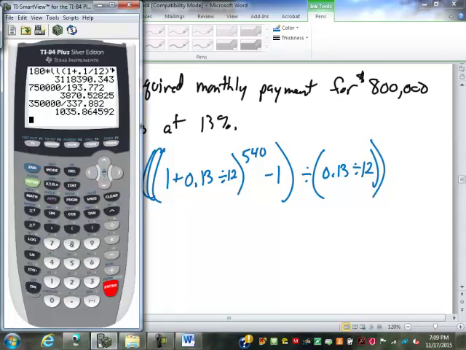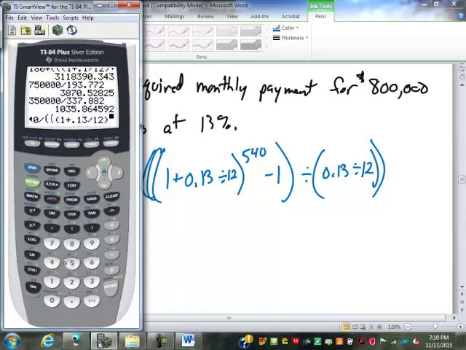So let's see what we get. 800,000 divided by, open, open, 1 plus 0.13 divided by 12, close, to the power of 540, minus 1, close, divided by, open, 0.13 divided by 12, close and close.